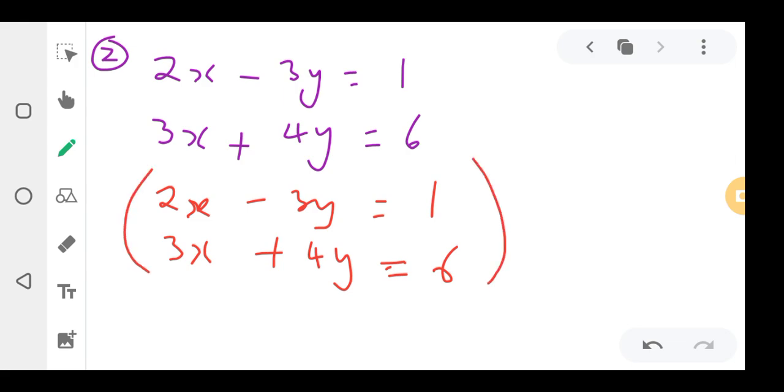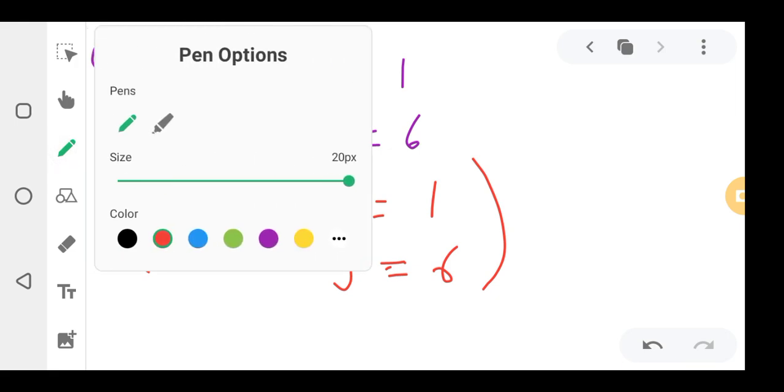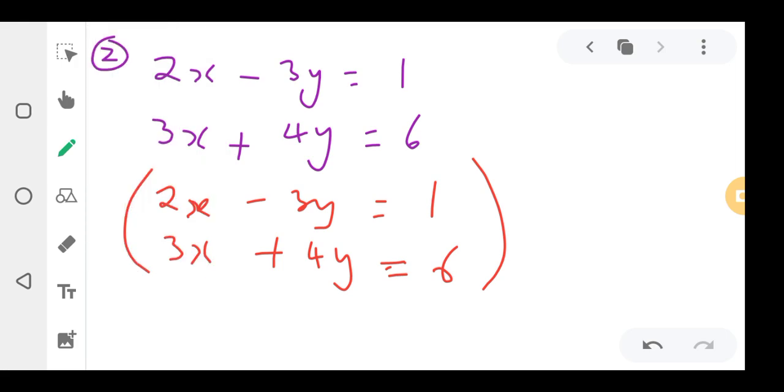That's the first thing I do. If I want to change y, I'll switch the numbers in front of y. In front of y there is negative 3, so 3 will come down here, and in front of x there is 4. When you put these numbers, don't carry them with the signs, just carry them the way they are.